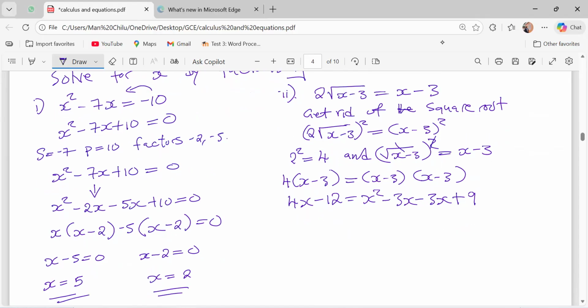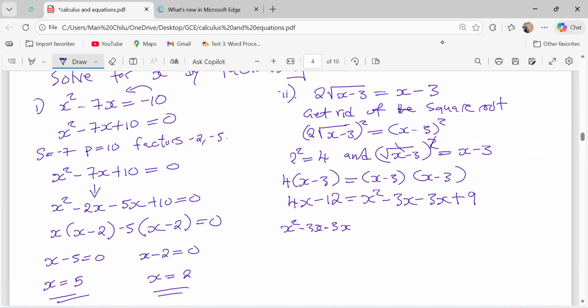So therefore, putting like terms together, we have x squared minus 3x minus 3x.